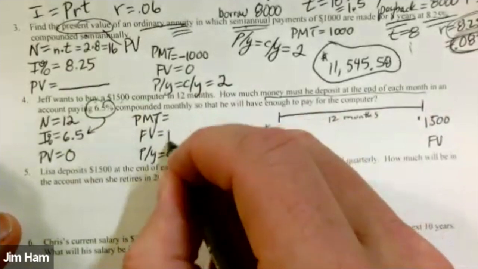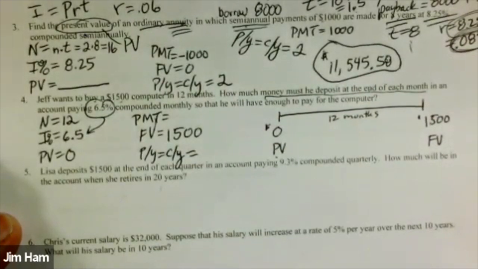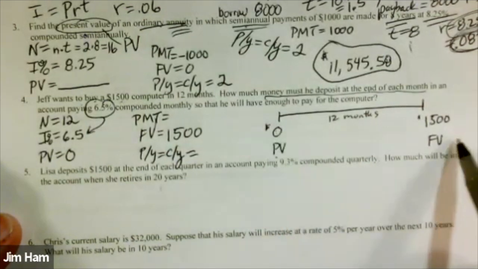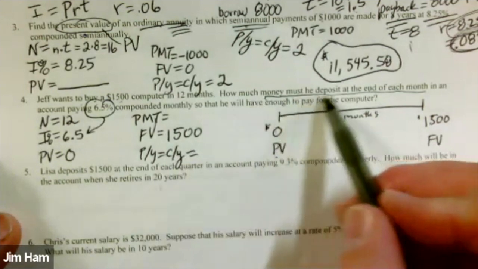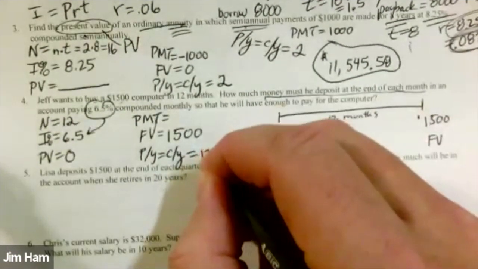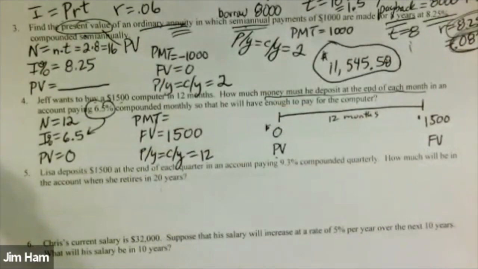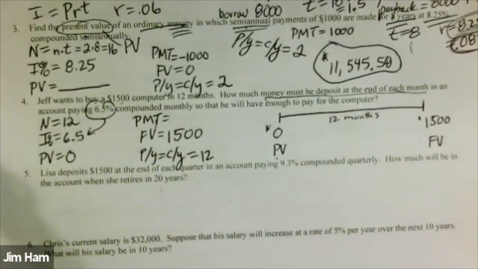We know that we're going to end up with $1,500 in the future. Present value is 0. Future value is 1,500. How much must he deposit at the end of each month? So there's monthly payments. So P/Y and C/Y are going to be 12 payments per year, 12 compounding periods per year. And the payment is what we want to figure out.